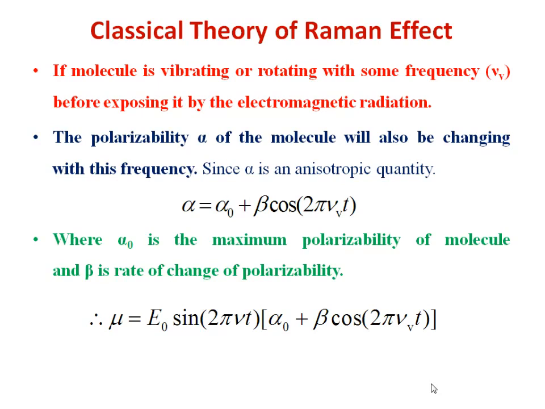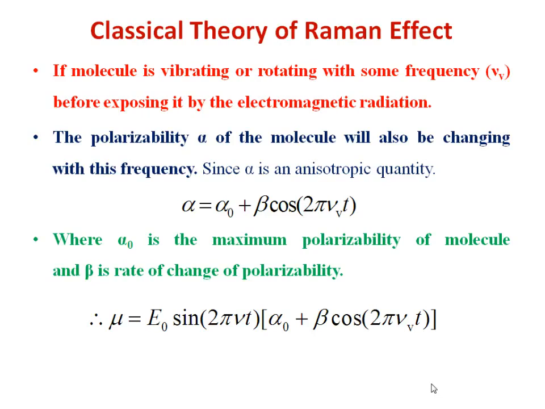Then the polarizability may be written as alpha equal to alpha 0 plus beta cos 2 pi nu v t, where nu v is the frequency of vibrational or rotational motion of the molecule, and alpha 0 is the maximum polarizability of a molecule. Beta is the rate of change of polarizability of the molecule during this vibrational or rotational motion.